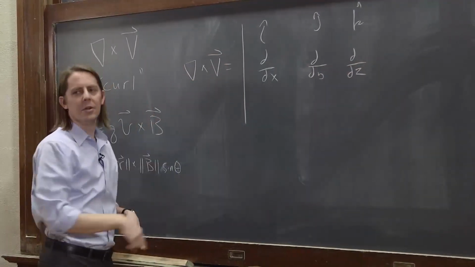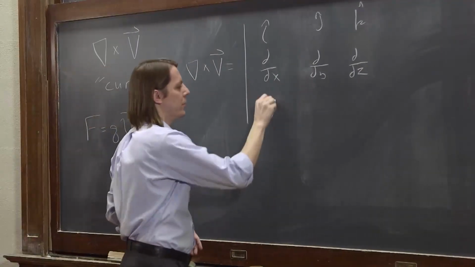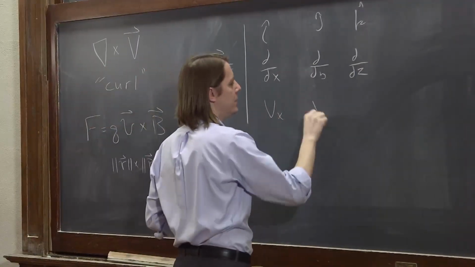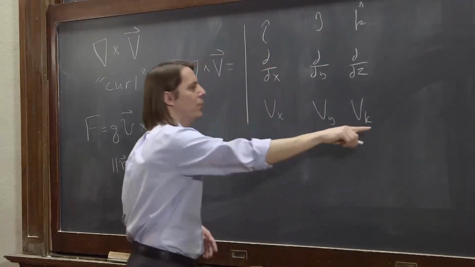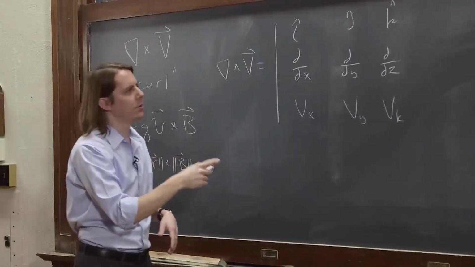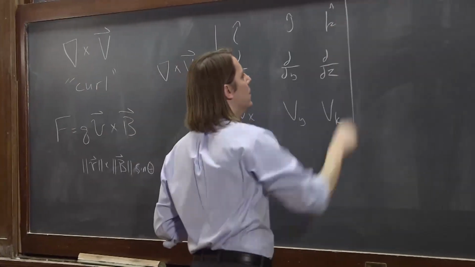Then you put the second one: what goes on the i hat is Vx, on the j hat Vy, on the k hat Vz, keeping in mind those can be functions of x, y, and z. Those are not constants, even though I'm writing them like that.